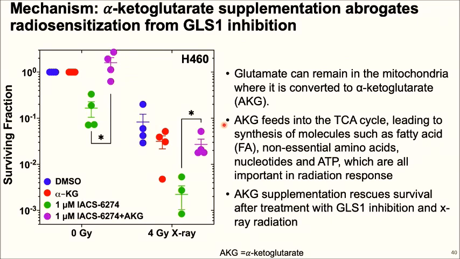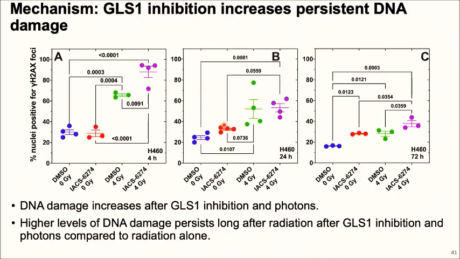And what we found is that alpha-ketoglutarate could rescue the survival of the cells completely after treatment with the GLS1 inhibitor. We think that this is because alpha-ketoglutarate feeds into the TCA cycle and leads to the synthesis of molecules that are important for radiation response. So that's what we were trying to understand now: what's the actual role of alpha-ketoglutarate in this process?